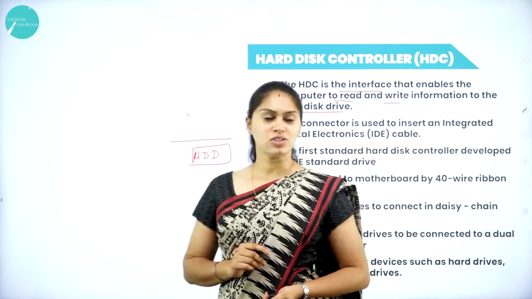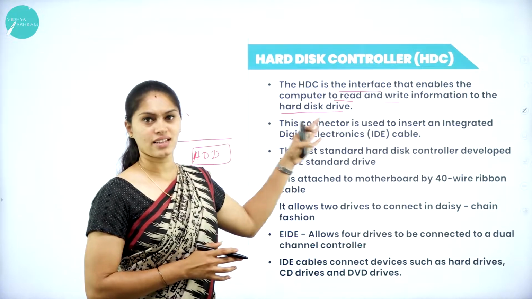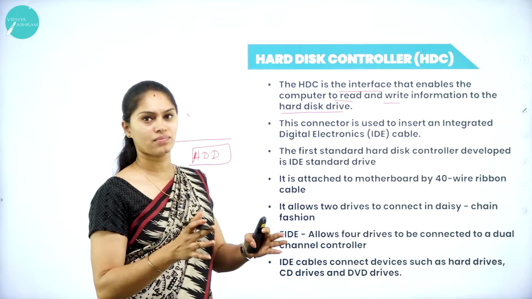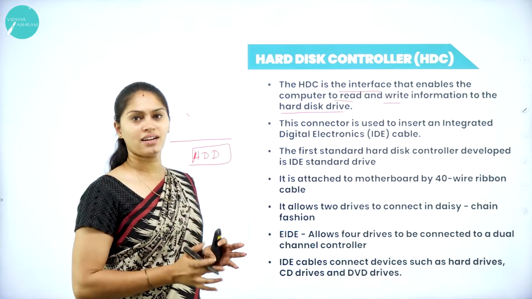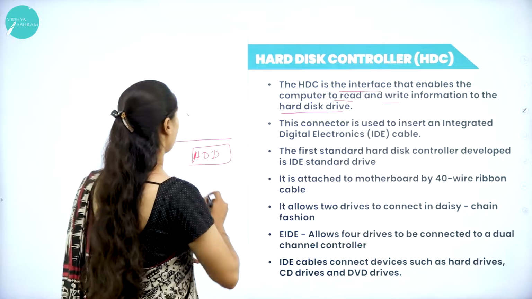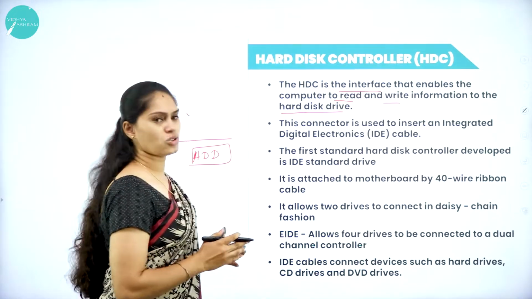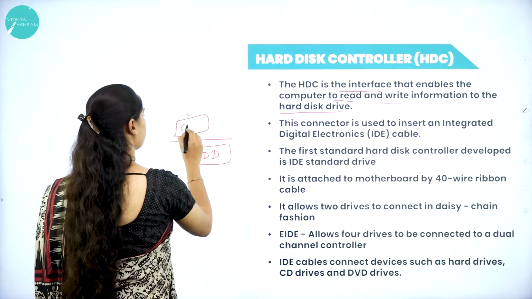So the hard disk controller acts as an interface, a medium that enables computers to read and write. Then what do you mean by read and write? Let me tell you one thing. Read and write the information to the hard disk drive. So consider here we have a CPU.